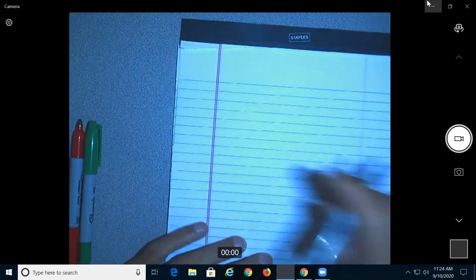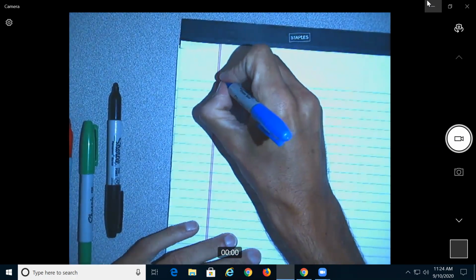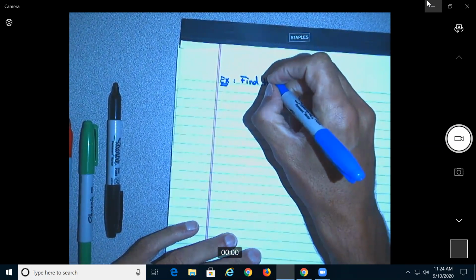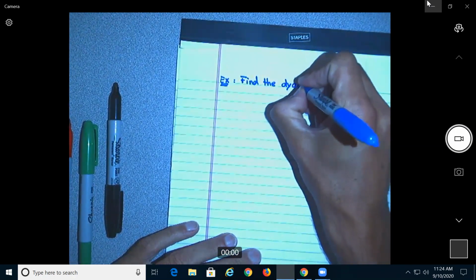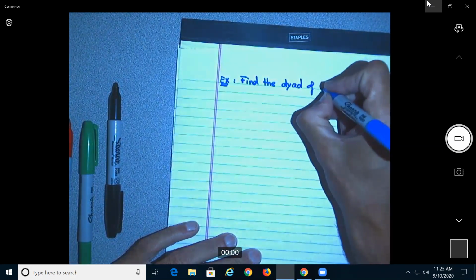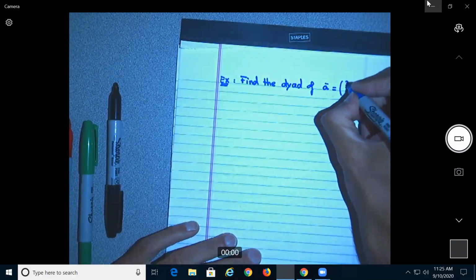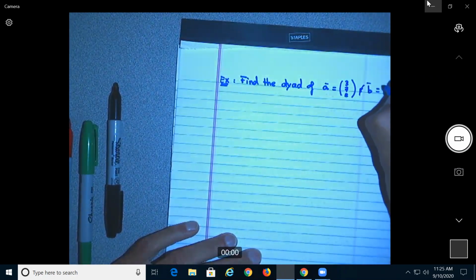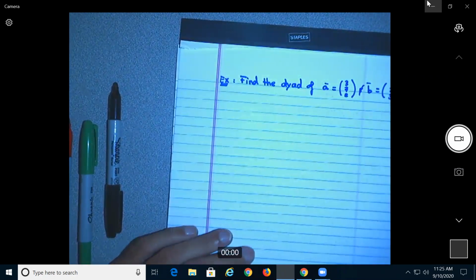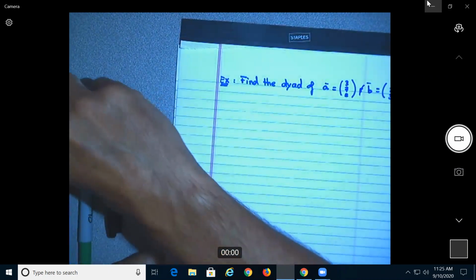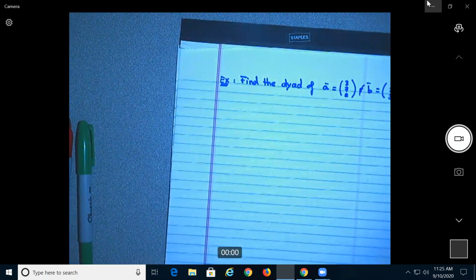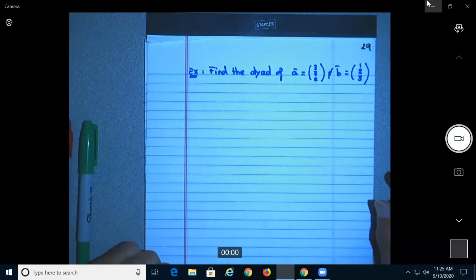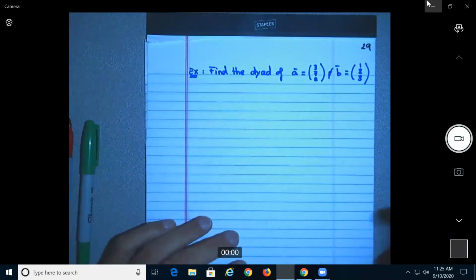Example: find the, let me just call it the dyad now, that way there's no confusion, of A equal to 3, 7, 2, and B equal to 1, 2, 3. The easiest thing is to do it with a matrix.